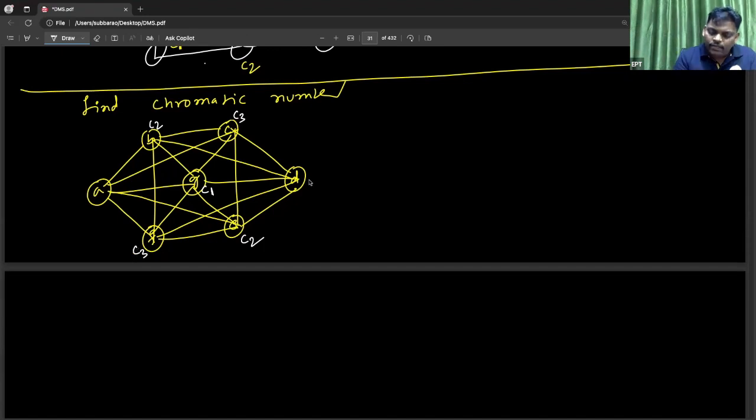I think he is adjacent to all these 3 people. Compulsory 4 required. D is adjacent to all 3 people. Fine. I think 4.